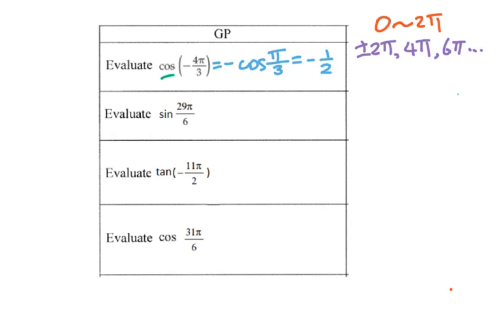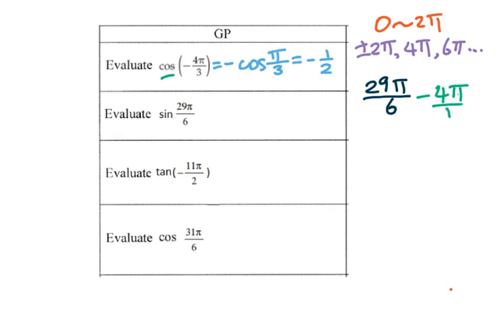Now let's go to second question. Sine 29 pi over 6. So we go to 29 pi over 6. You know 29 divided by 6 will be 4 something. That's why you will go to subtract 4 pi.